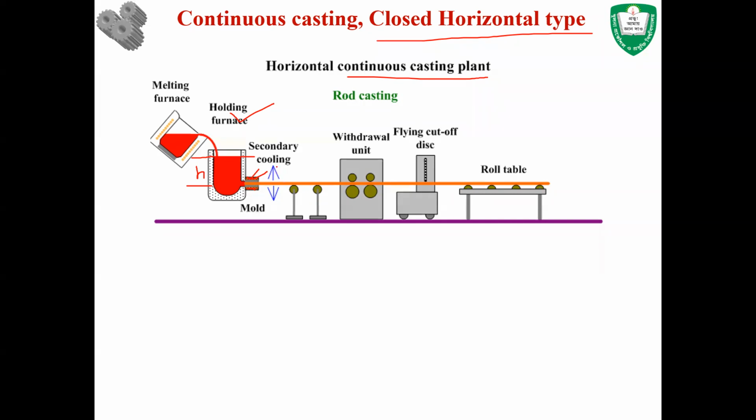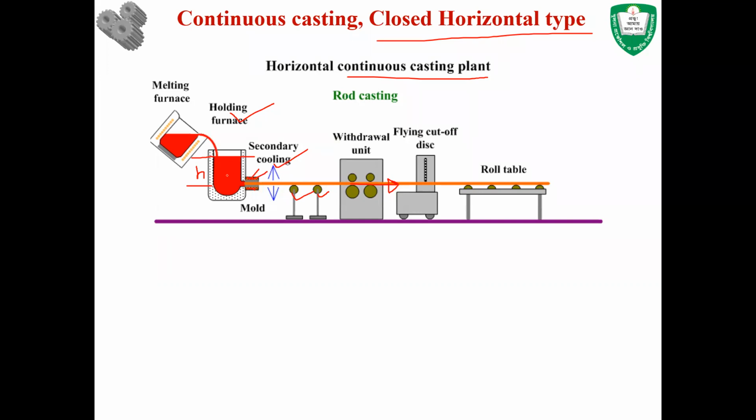There is also secondary cooling applied in this region, so that the material gets properly solidified. After solidification, this is the withdrawal unit. These rollers are only for support so that the material does not get bent, but these rollers actually pull, applying the pulling force to take the solid material out so that the liquid metal can get in.